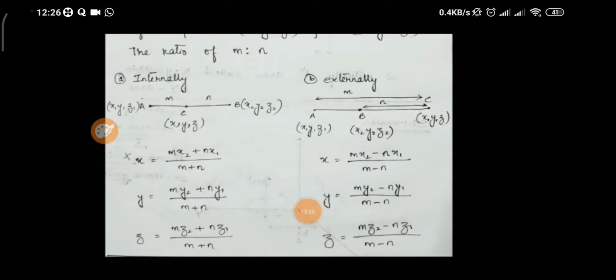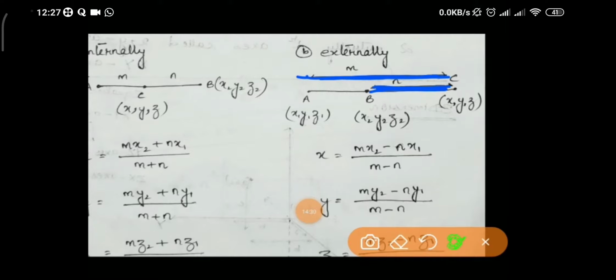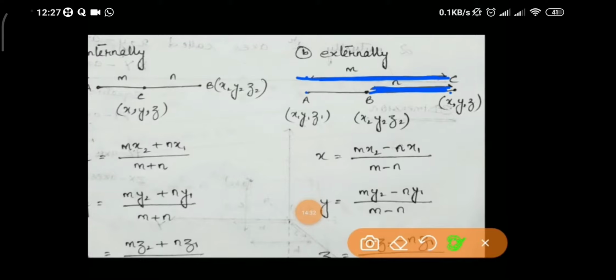The ratio of the distance, 1 is to 2, 2 is to 3. So if this is 6, this may be 2. So what is the ratio? 1 is to 3. They're dividing it in the ratio 1 is to 3. If m is 10 and n is 5, that will be 1 is to 2. Think like that. This m and n are only the ratio of the distances of the point from the points A and B. Don't think as it divides.